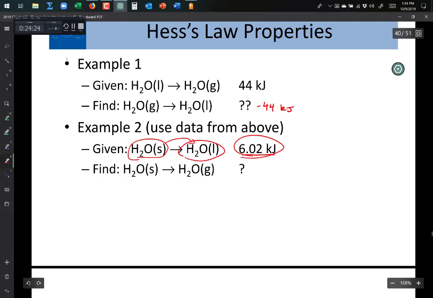But if you want to go from liquid to gas, it takes this much energy. No, just add it together. Just like if you doubled your gas, you're just adding it together, and then the total is about 50.02 kilojoules.